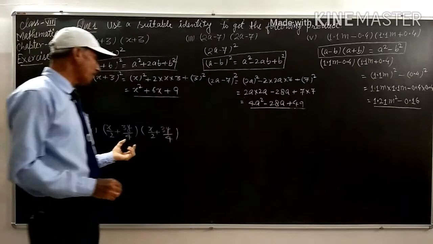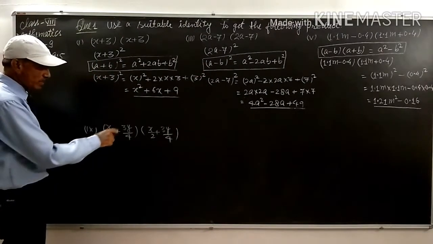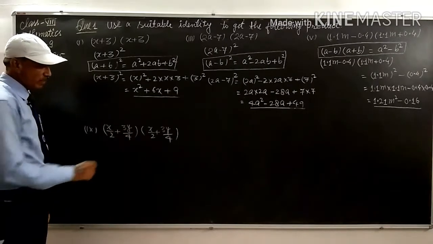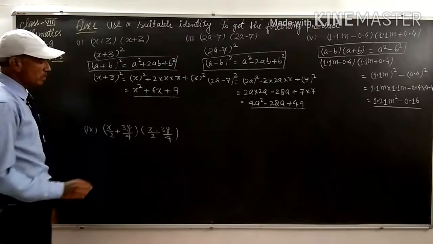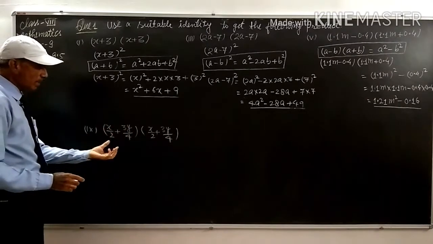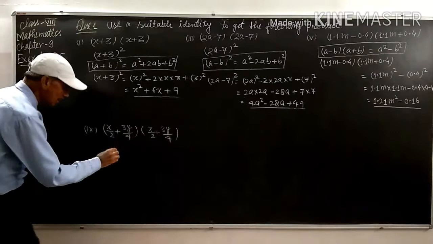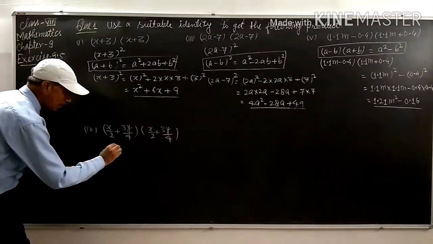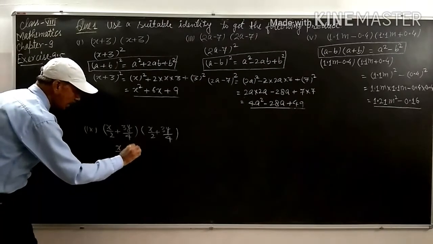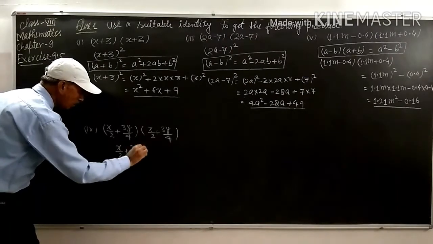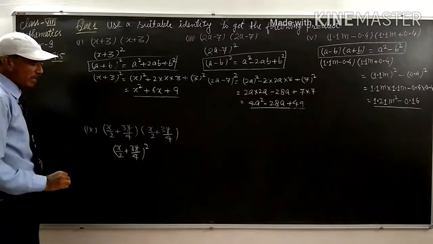Now the ninth part of this question is x by 2 plus 3y by 4 into x by 2 plus 3y by 4. Students, in this question A plus B into A plus B means A plus B whole square, that is x by 2 plus 3y by 4 whole square.